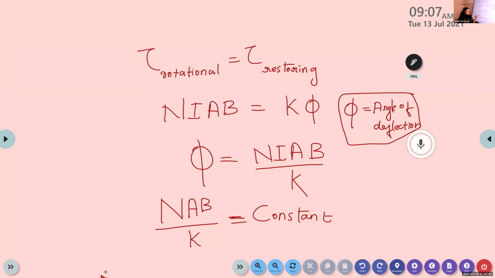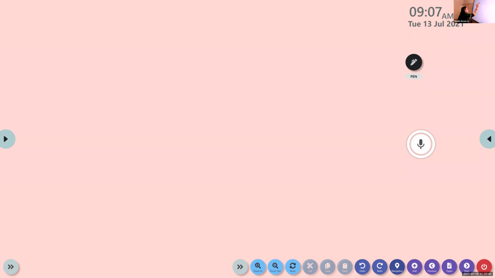So in this equation, NAB divided by K is a constant. Or we can write, phi is directly proportional to I.